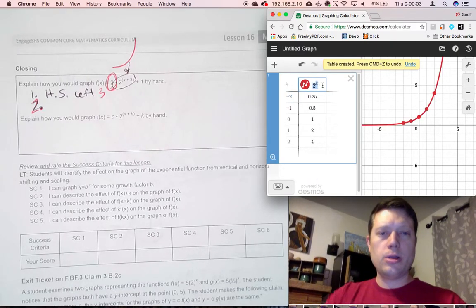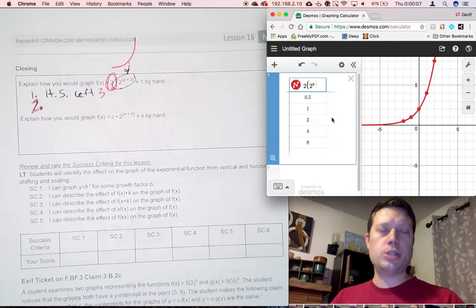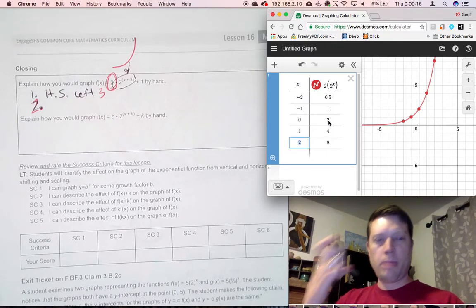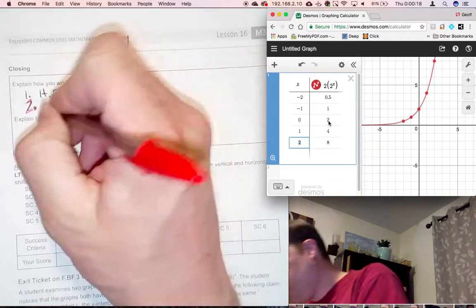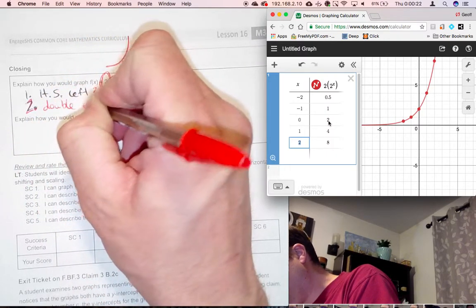Because we're doubling it, instead of going from 1 to 2, now we're going from 2 to 4. That's a twice as tall measurement. So we're going to double every y value.